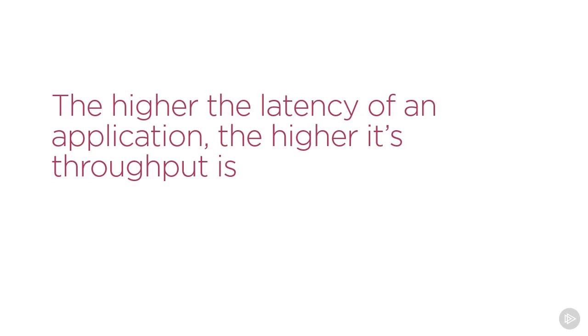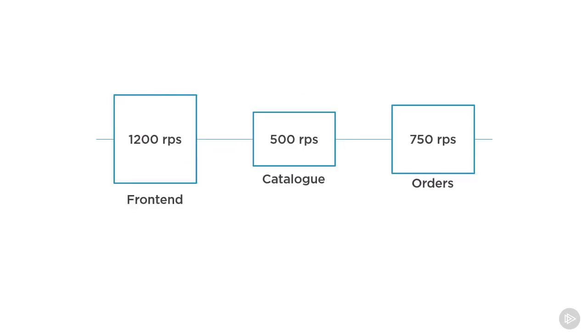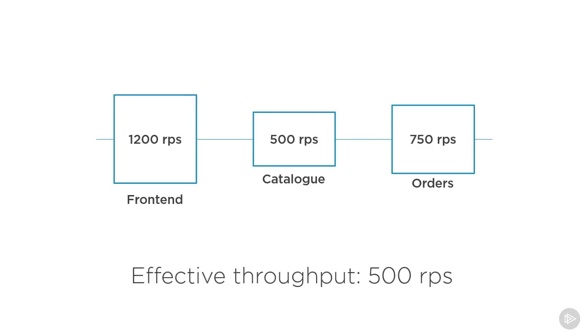One other thing to note about throughput is that your application is limited to the throughput of its lowest throughput subcomponent. To make this concrete, take a look at this example of a simplified online shop that's broken into microservices: front-end, catalog, order fulfillment. Because the lowest throughput subcomponent is the catalog at 500 requests per second, the effective throughput of the application is 500 requests per second.